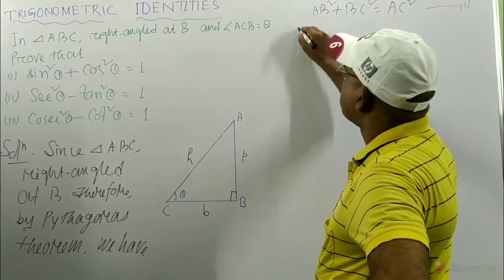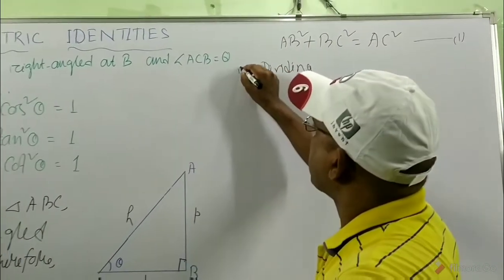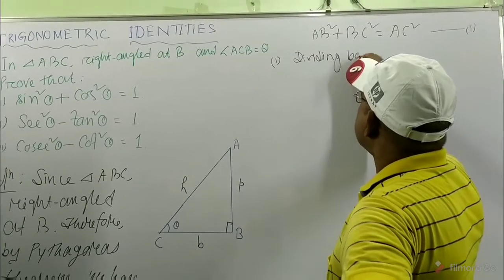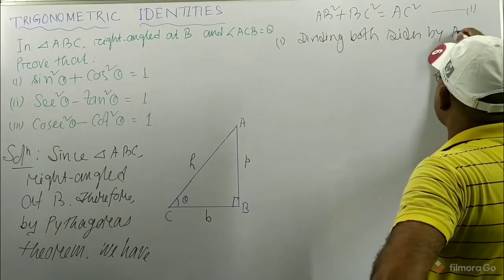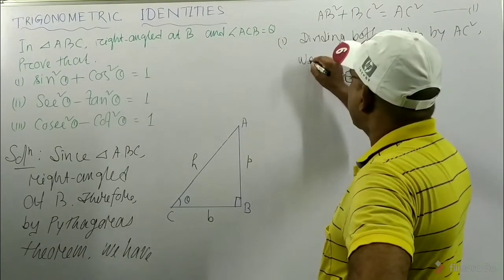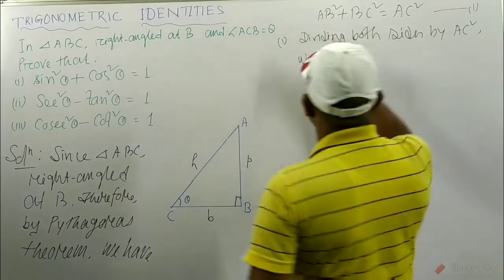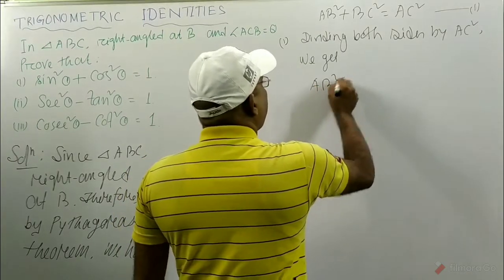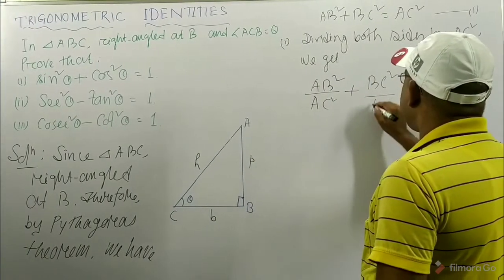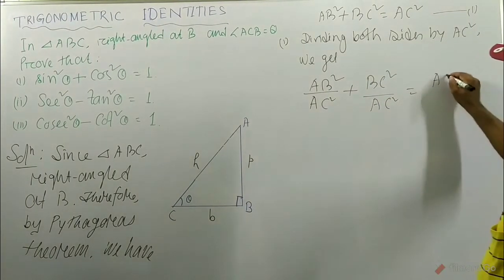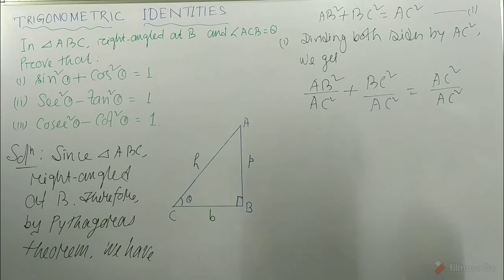So first we consider number 1, dividing both sides by AC square. We get AB square by AC square plus BC square by AC square equal to AC square by AC square.